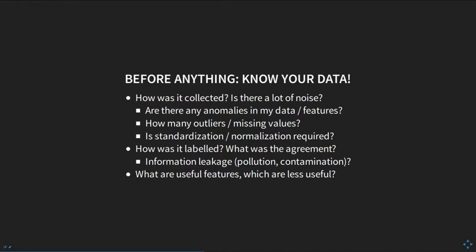So for example, if there's some feature encoding money, and you see that the numbers are jumping from the thousands to the 100,000s to the millions, which is not in line with the rest of your data, you might suspect that there's something going on with the currency. Maybe someone mixed the currencies, for example.